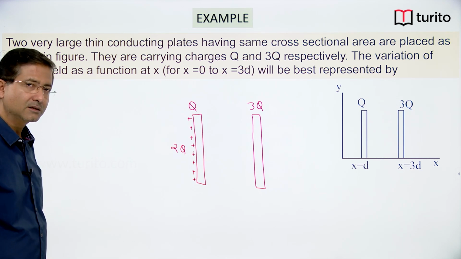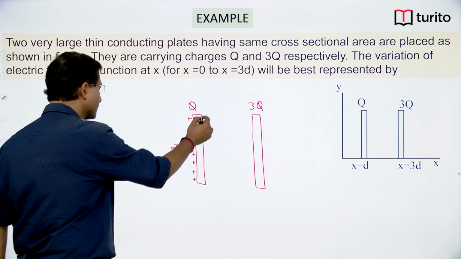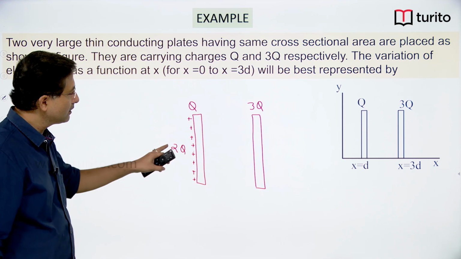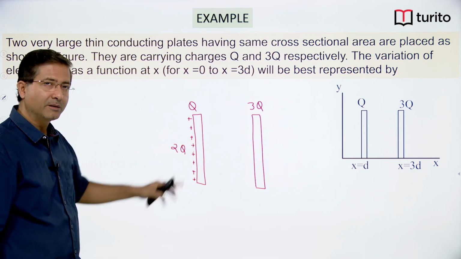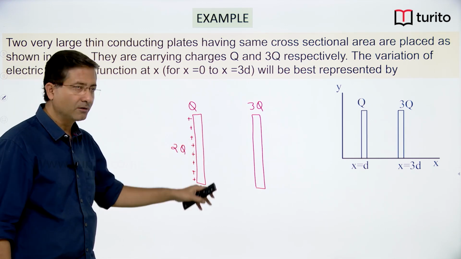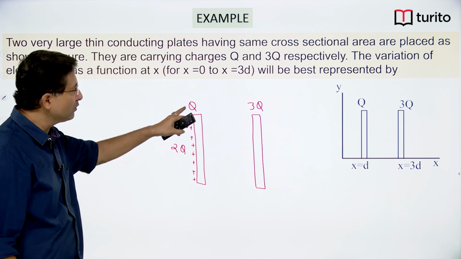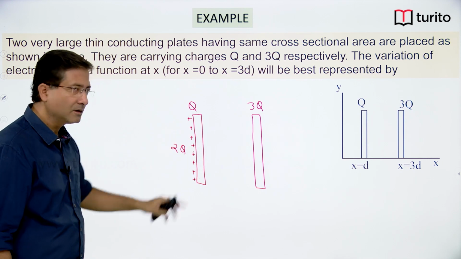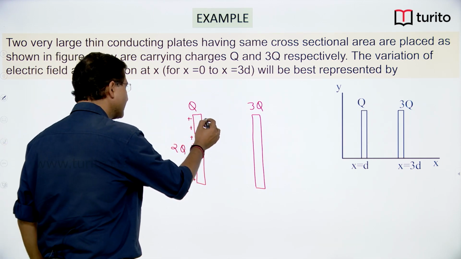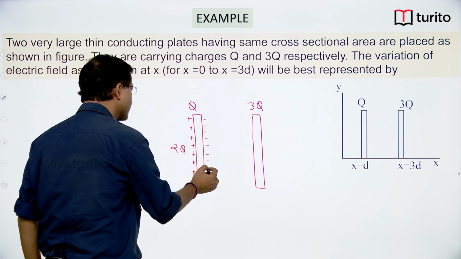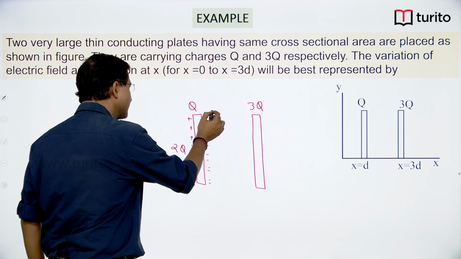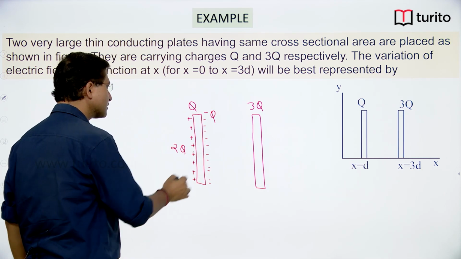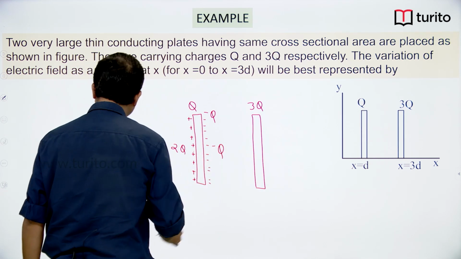As total charge is conserved, the charge appearing on the inner surface will be, like this is 2q, so obviously on this side minus q will come, or else you can apply the formula (q1 minus q2) by 2. So, (q1 minus q2) by 2, I can see minus q here. So, this will be carrying minus q charge. So, this side it will be minus q, this side plus q, this will be minus q, right.